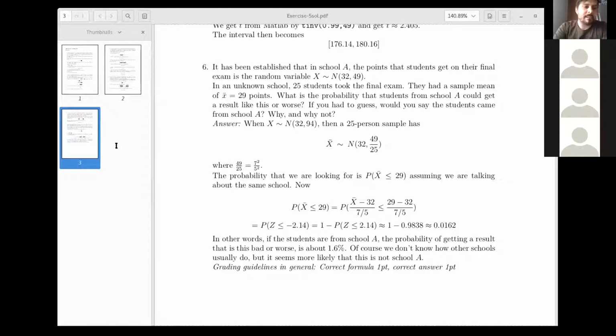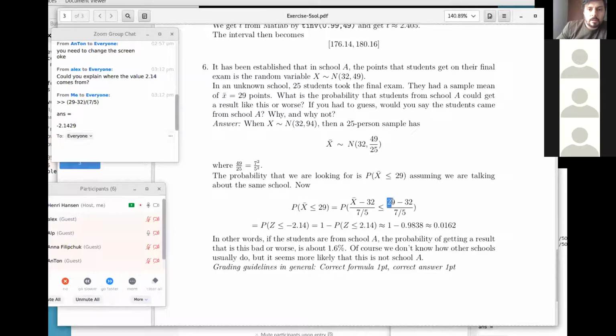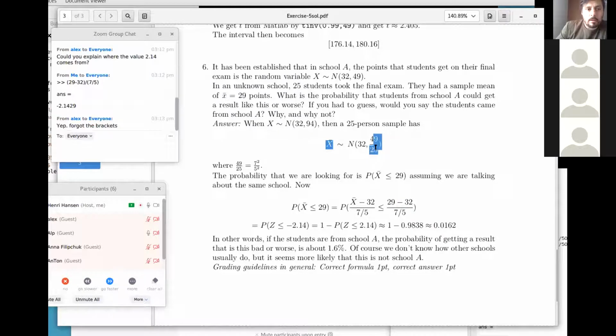So if you calculate this, that's your normalized value. 29 is the result, the sample average. The expected value would be 32. We're dividing it by what the standard deviation should be.